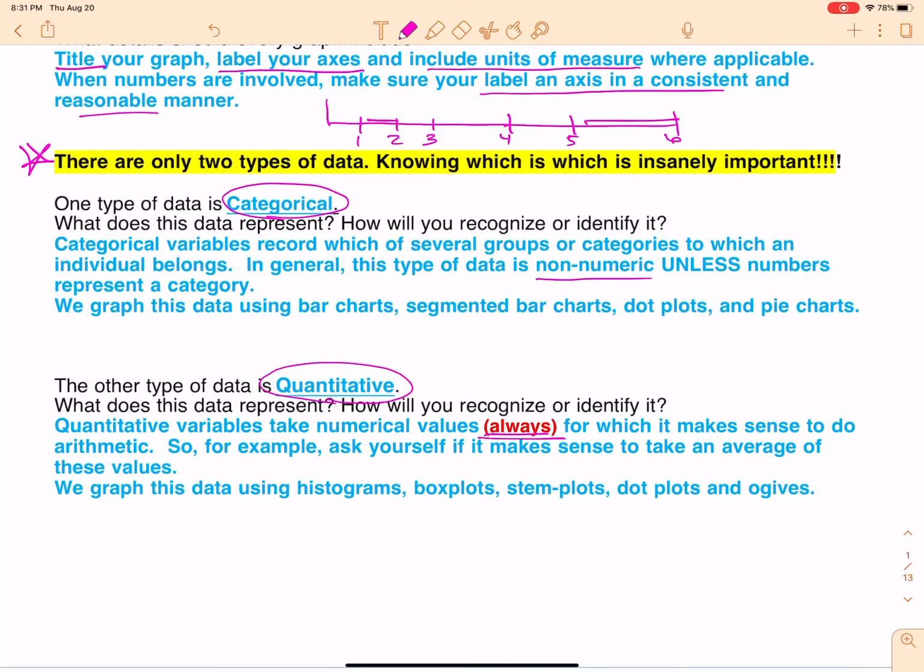There's no question there. So anytime we're dealing with quantitative data, there are certain graph types that we use, and anytime we're dealing with categorical data, there are certain graph types we use. And I will illustrate some of these to you in the following examples. Enjoy!